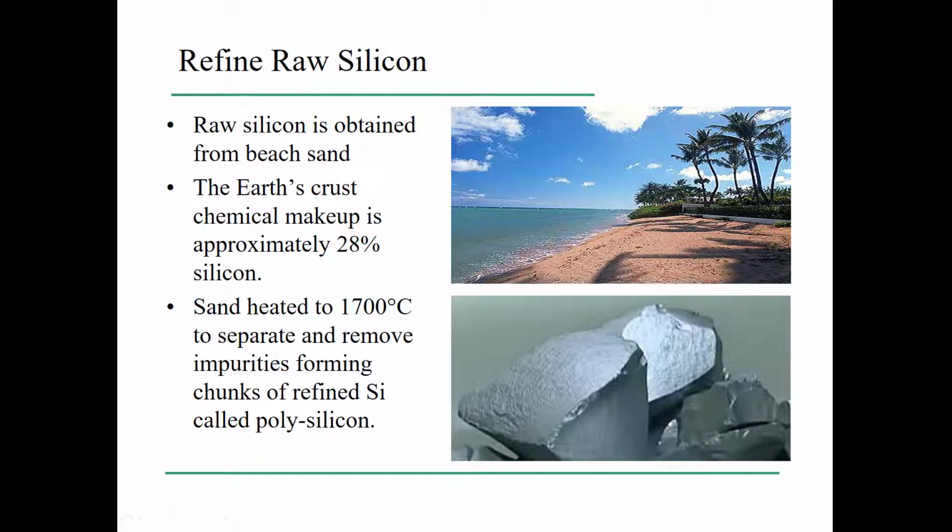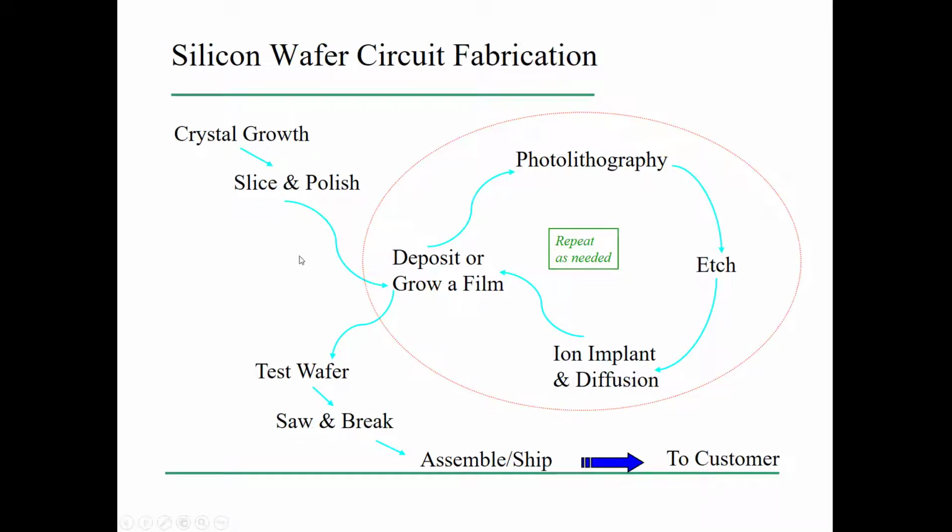Refined silicon is called polysilicon, and this is what it looks like over here. It kind of looks like charcoal, but it has a lighter color to it. Now, these are the processes involved with silicon wafer fabrication.